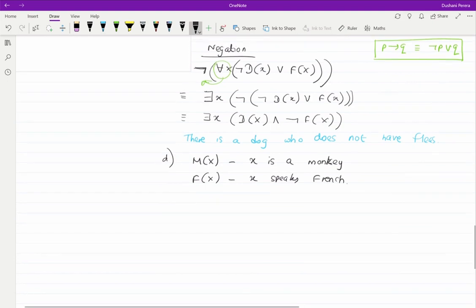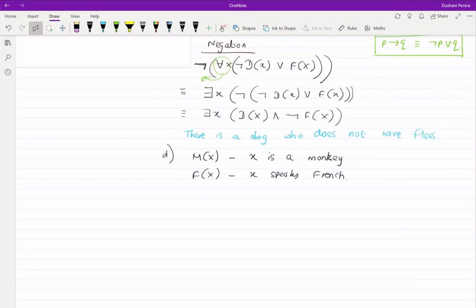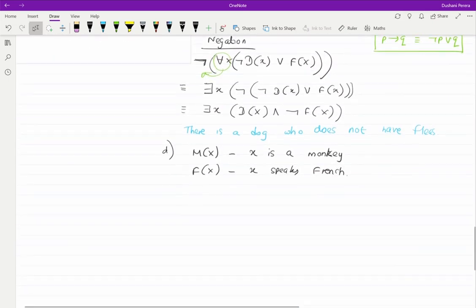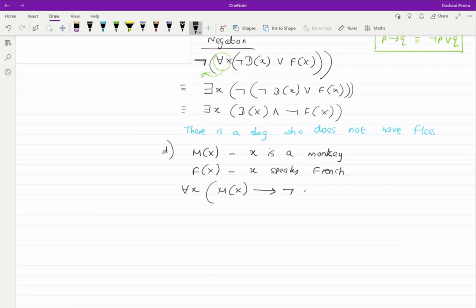All right. So no monkey can speak French. So no monkey means it's generalizing this for all the monkeys in the world. So for all x, if x is a monkey, then it cannot speak French.